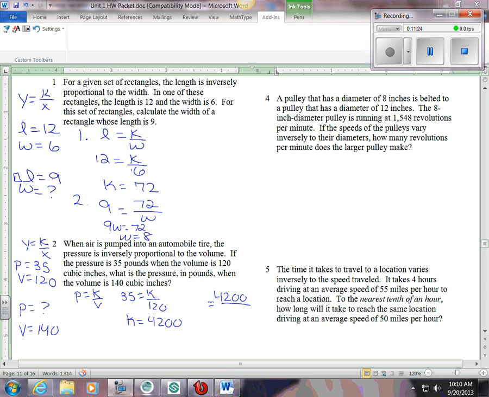The volume. And what am I looking for? Pressure. Tell me what you get. 30 what? Pounds. Use your units, please. Good. What do you think? Not bad. Okay, so I want you to go ahead and try number 3 on your own.